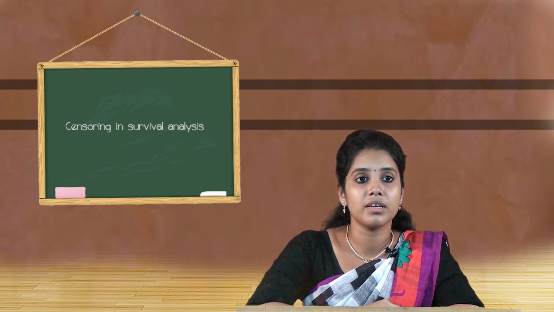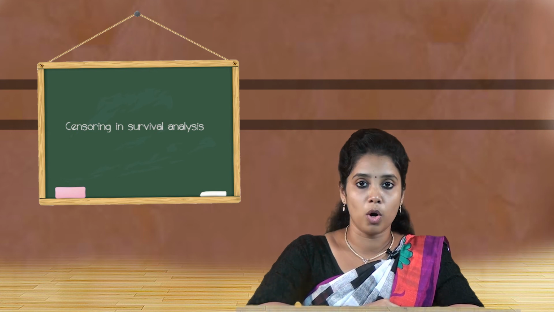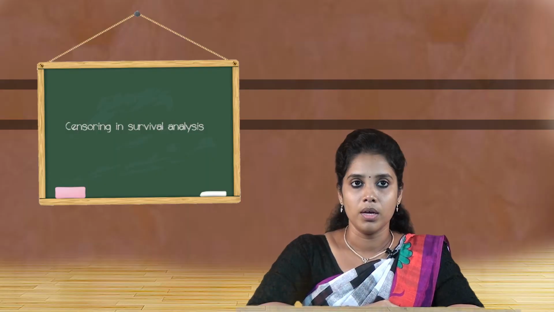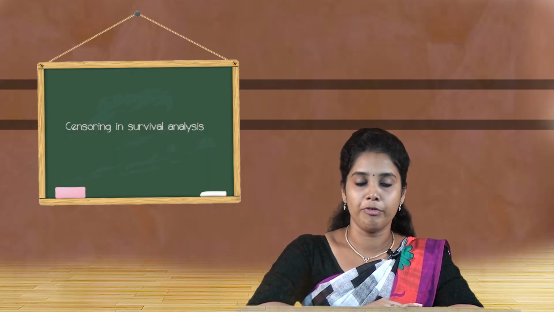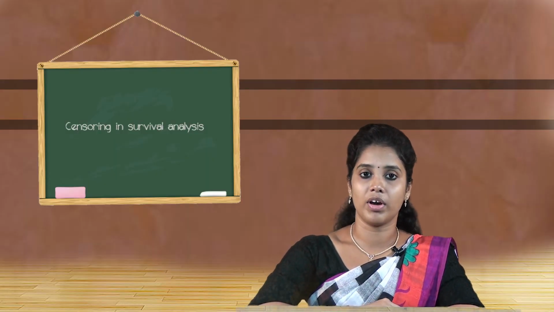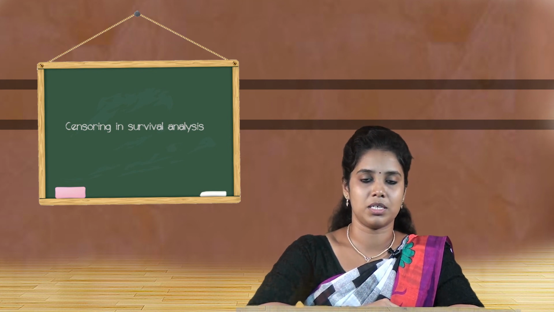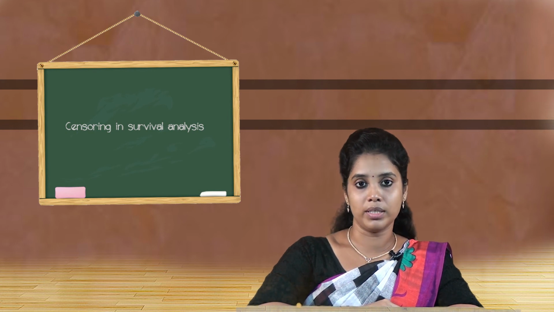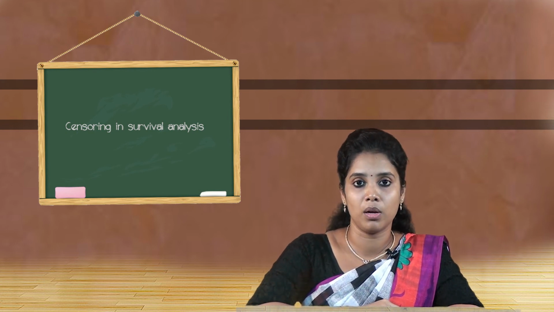And one more characteristic is that some individuals might drop out or get lost in the middle of the study. If I consider the same example which I explained before, my interest is to know what duration will be taken by the customer to repay the loan. Out of 50 customers, let us consider one customer and name it customer X. I want to know at what time point customer X will be able to repay the loan.